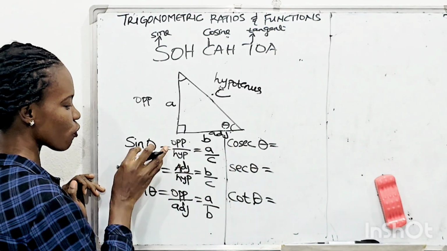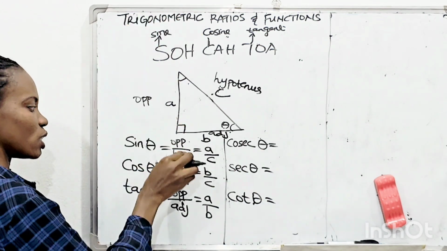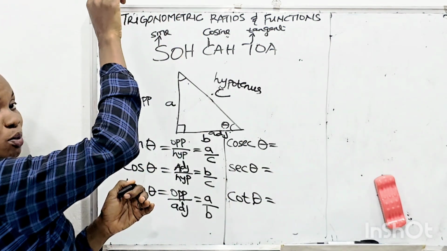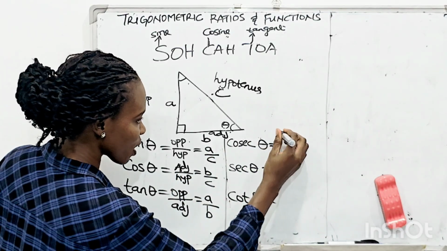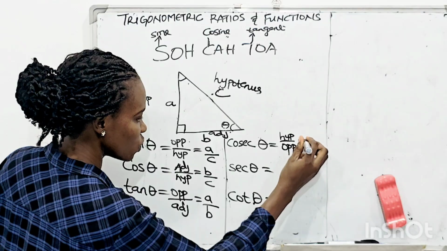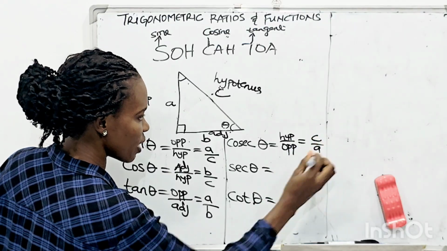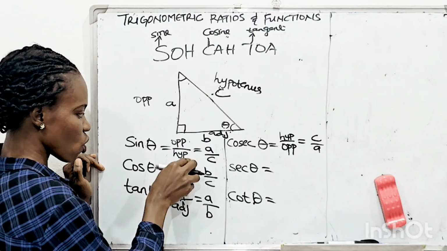So I said the reciprocal of sine is called cosec. Reciprocal means you turn it. The denominator will become the numerator, and the numerator will become the denominator. So if we do that here, we're going to have hypotenuse over opposite, which is C over A. Sec is the reciprocal of cos. So this will go up, this will come down.